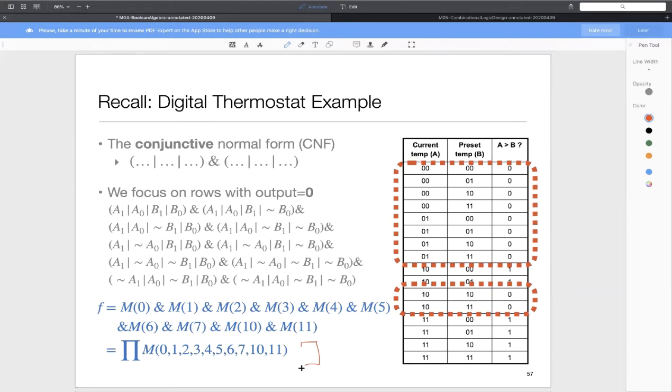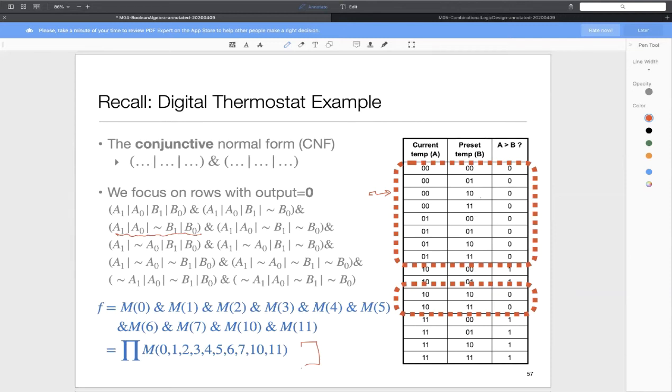So for example, in our case, let's say I look at this row. That's row number 2. So A1 is 0, A0 is 0, B1 is 1, and B0 is 0, right? And the corresponding max term is this one, and that will take the value 0.